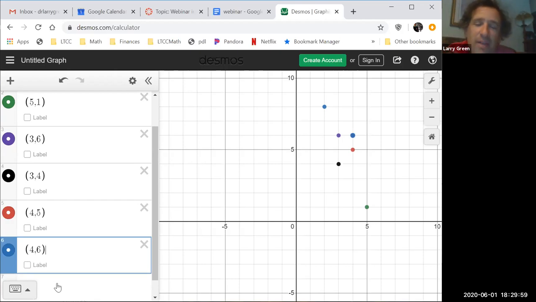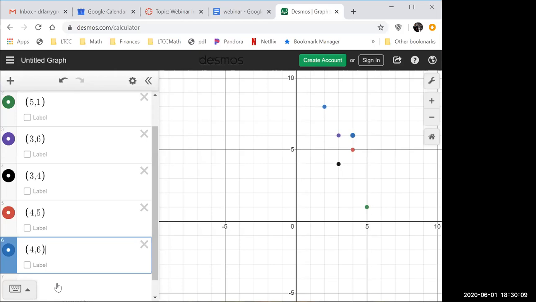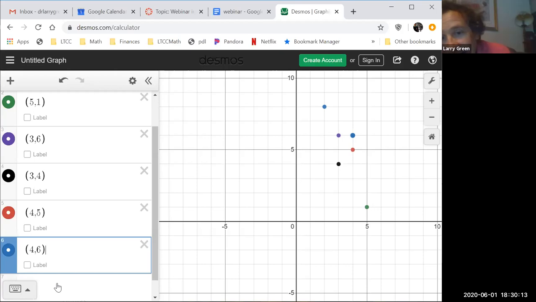Okay, so by the way, do these points all lie on a line? Do they? Yeah, they definitely don't. You can try all you want. You're never going to get a line that goes through every point. If there's two points, it always works.